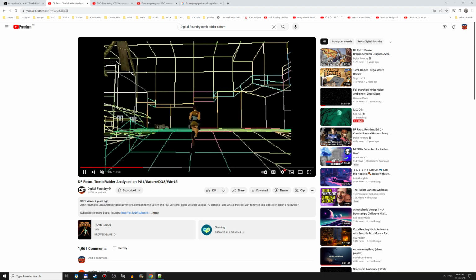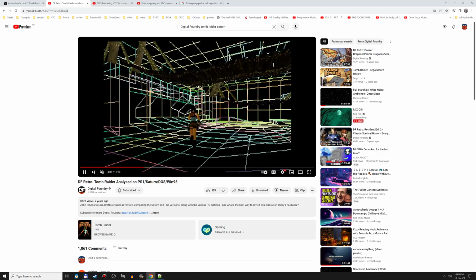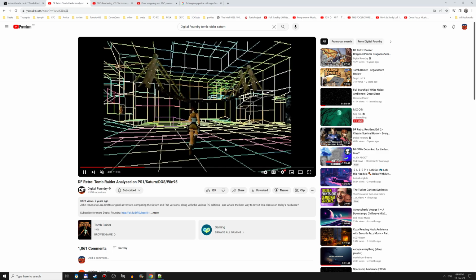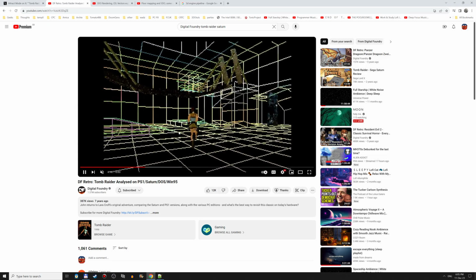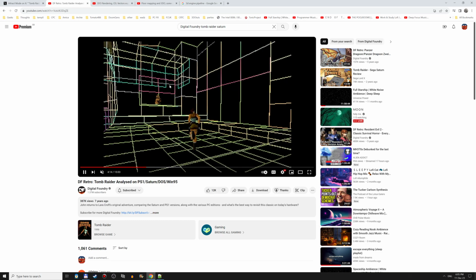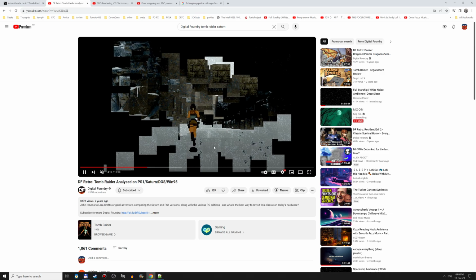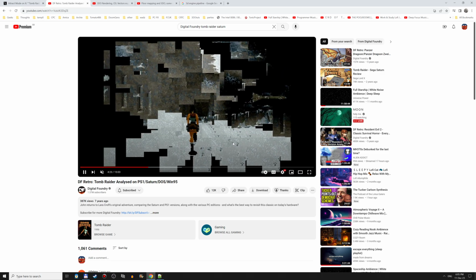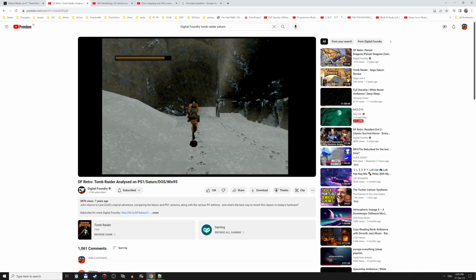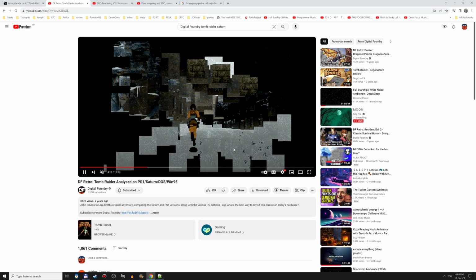Digital Foundry was showing that okay, you have Tomb Raider working in this 3D environment. Here you even see the mesh. It's an actual 3D engine. But somehow to fill this polygon, it has to stretch, warp those sprites from their original form.